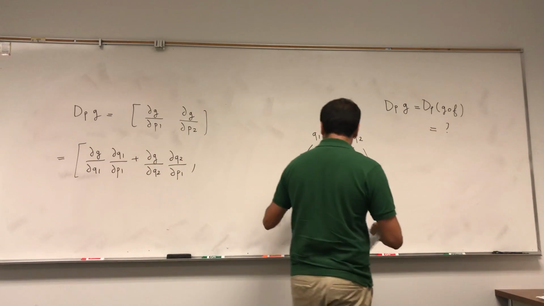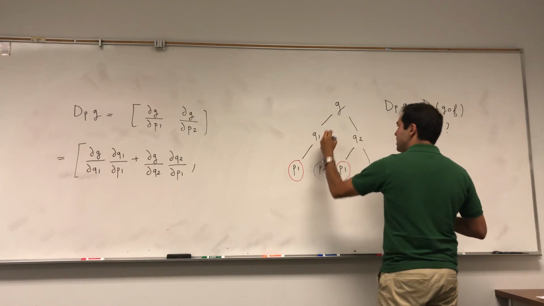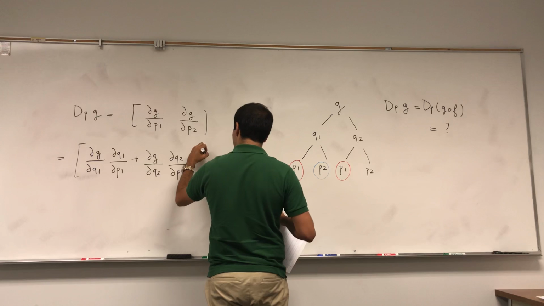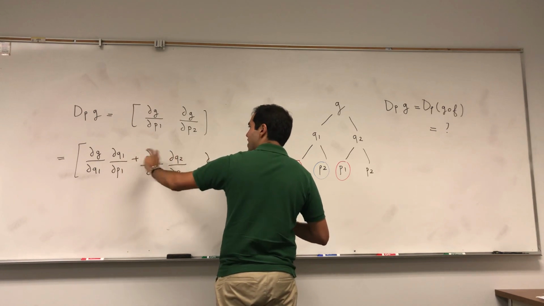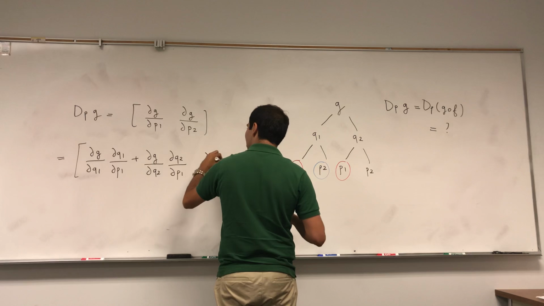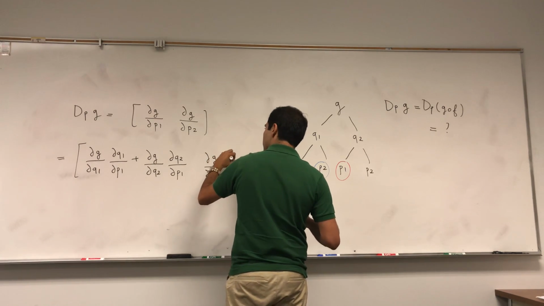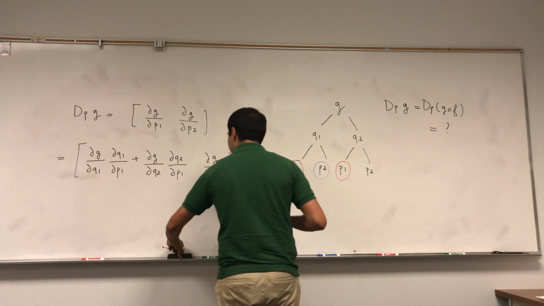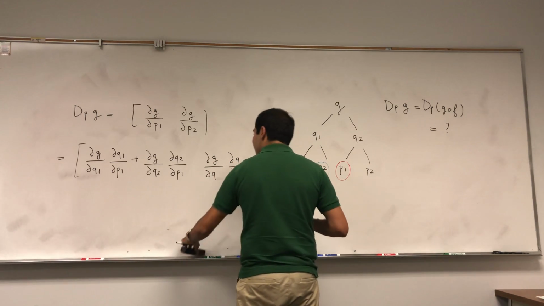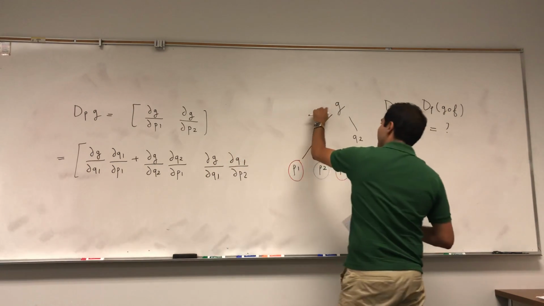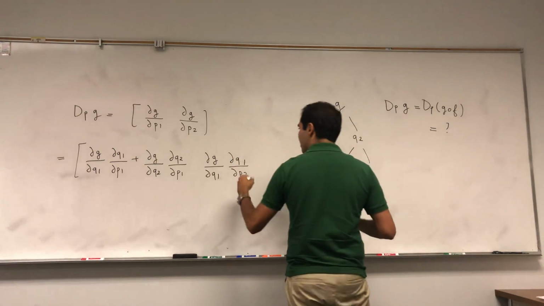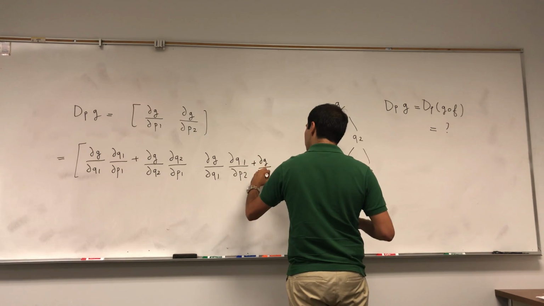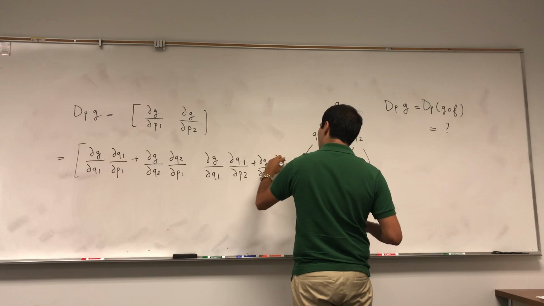And you do the same spiel, but with p2. So dg over dq1, dq1 over dp2. So think of it as just a vector with two entries. Plus dg over dq2, dq2 over dp2.